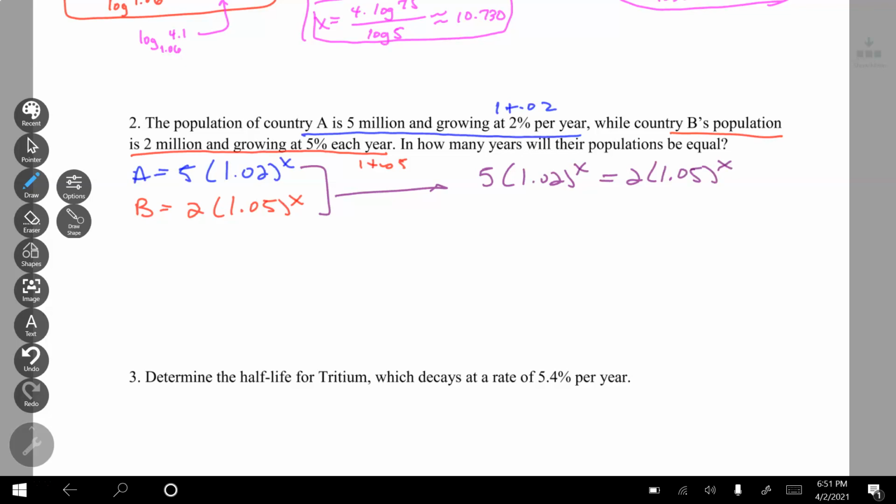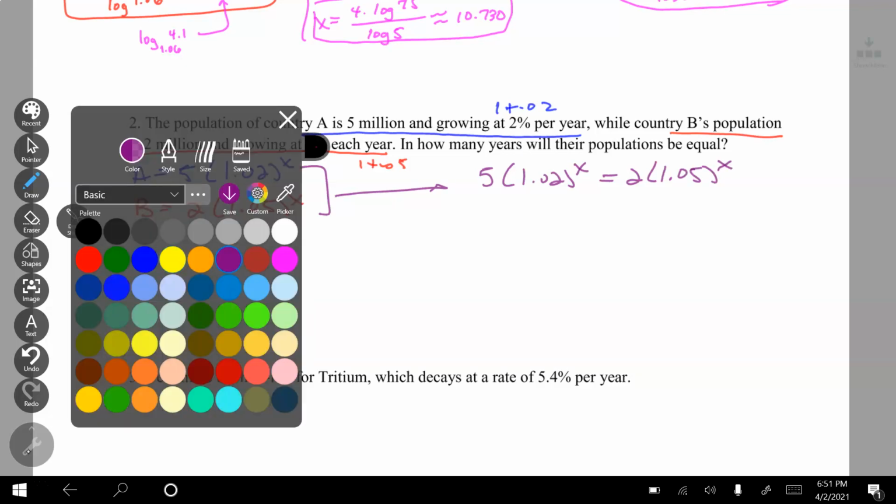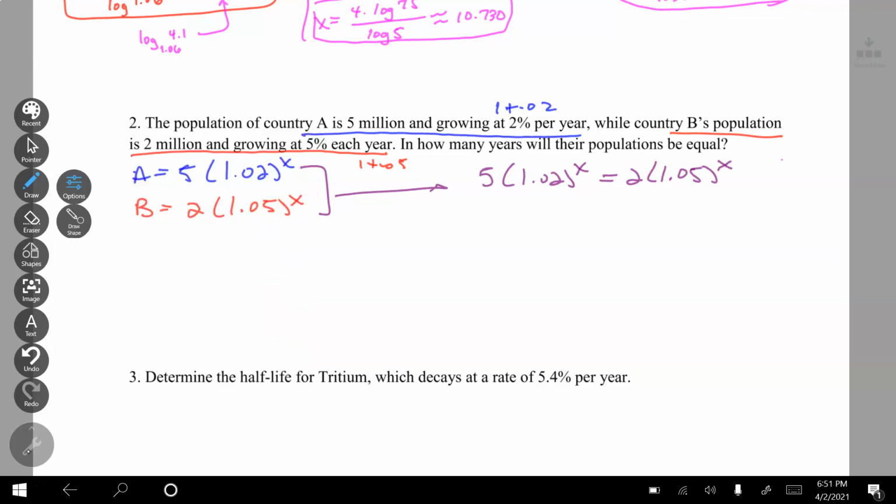And then I say to myself, I need to isolate b to the x is equal to a number because that's what I've been doing. I'm always isolating that exponential part. So I want to get the exponentials together, and I want to get those initial values together. So I'm going to divide by 5, and these cancel out.